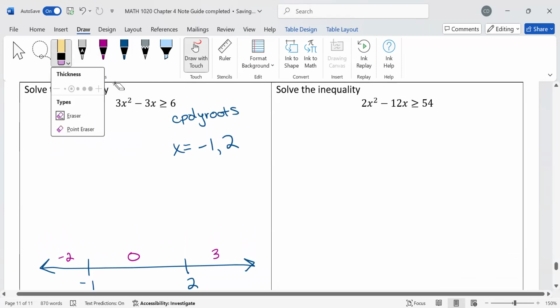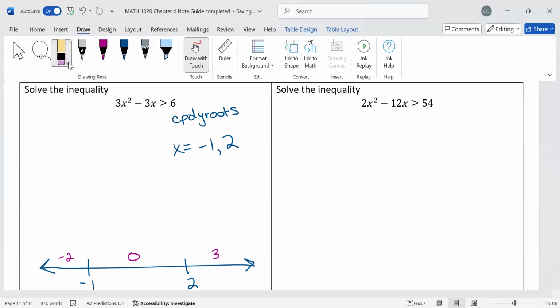Make a little room here. All right, it should be clear now.